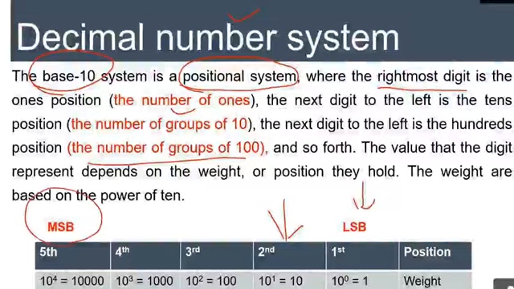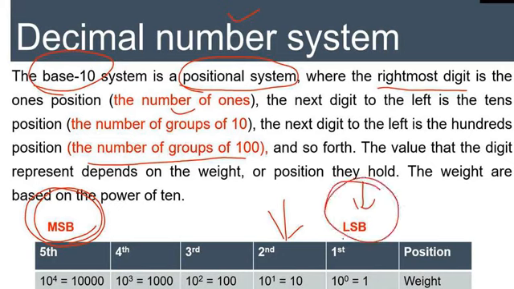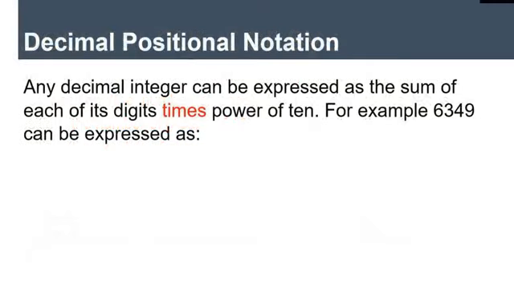Now this is the MSB. Why MSB? Most significant bit, because its weight is maximum, more than the LSB. See in this diagram, the LSB has its weight at the first position, while the MSB is at the number of groups of tens, 100 or 1000 in this way.